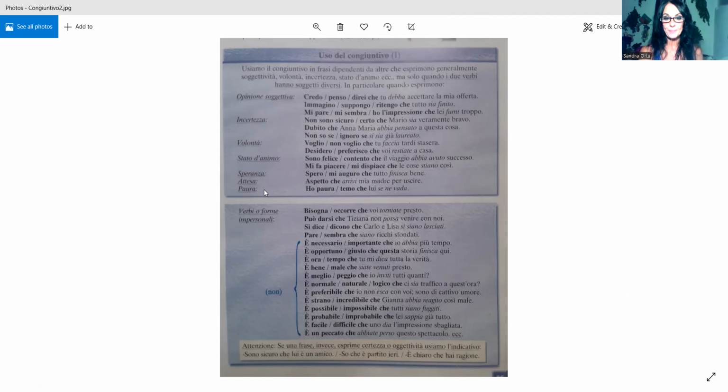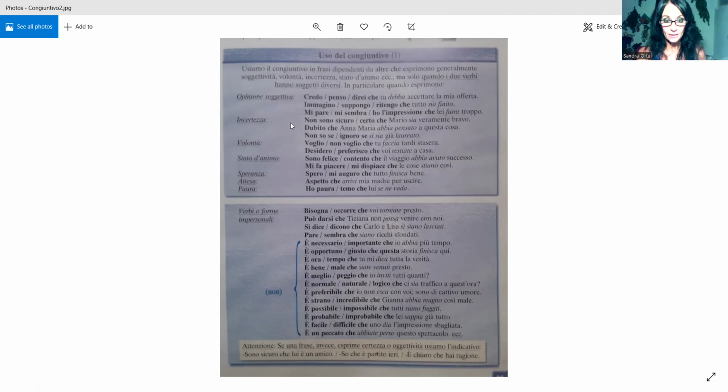Paura, fear. Ho paura o temo che, I am afraid or I fear that. So quite a few. Normally you start really memorizing, especially the first ones, credo, penso, I believe, I think. They are the most common ones which we use.